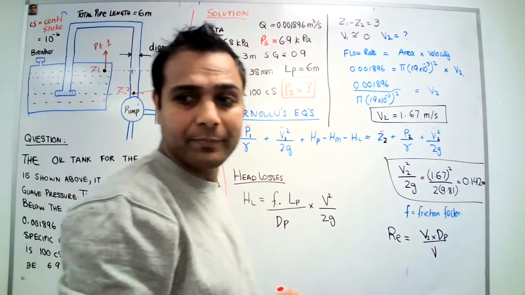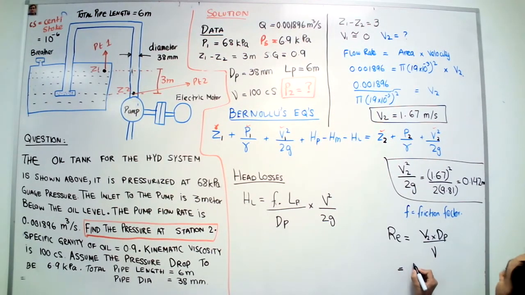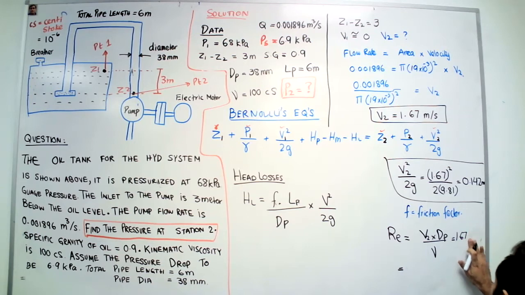So let's put this one. V2 is 1.67. The diameter is 38 millimeters, so that becomes 0.038, divided by 100 times 10 to the minus 6. So that converts into that one.